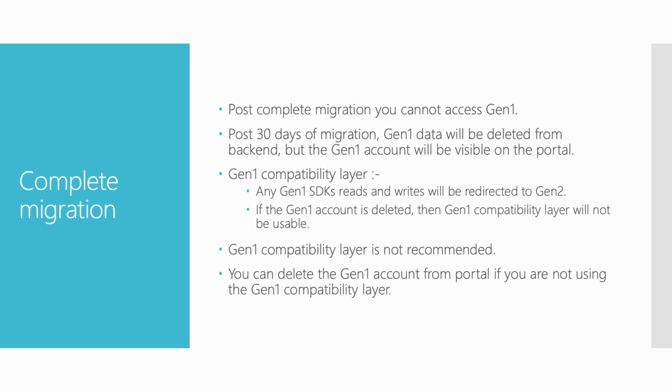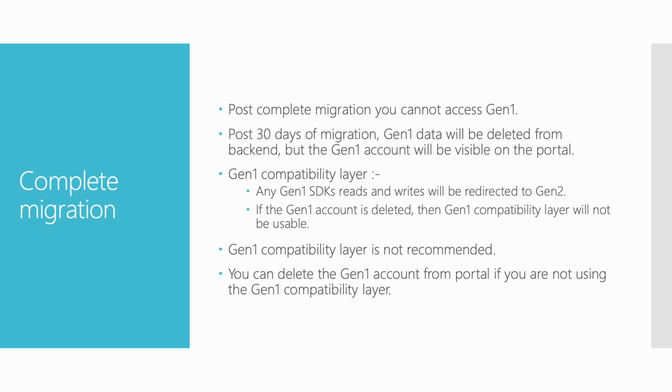So after 30 days, you could delete the Gen1 account from the portal if you are not using the Gen1 compatibility layer. If you want to use the Gen1 compatibility layer, you can let the Gen1 account be, and your calls will be redirected to Gen2. The moment the Gen1 account is deleted, the application compatibility layer will also cease to exist.